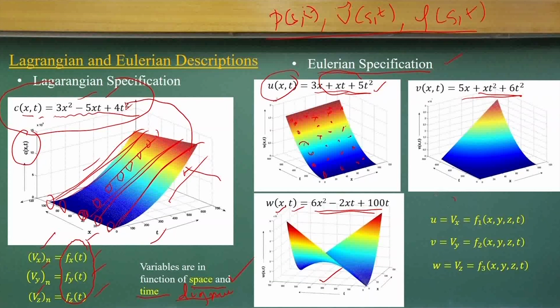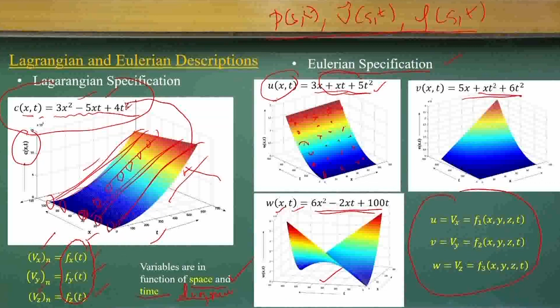But in this Eulerian frame, we define the u velocity component, the scalar velocity in the x direction, as a function of position and time, and v is a function of position and time, and w will be a function of position and time. So, we define space functions and time functions of u, v, w.